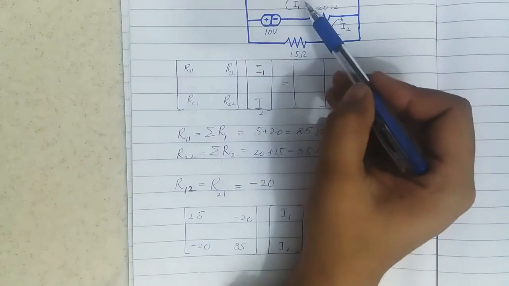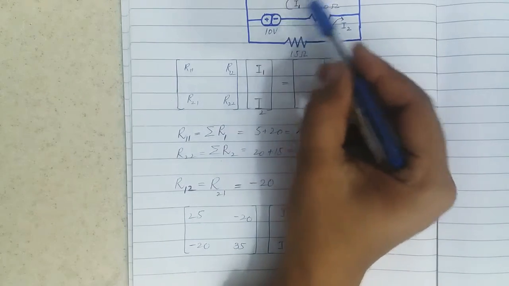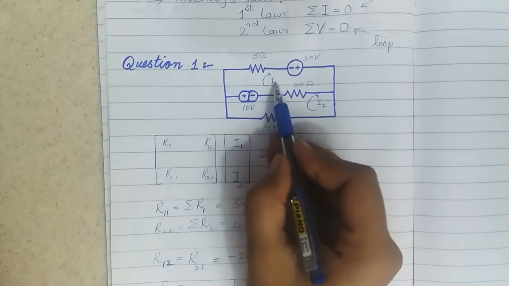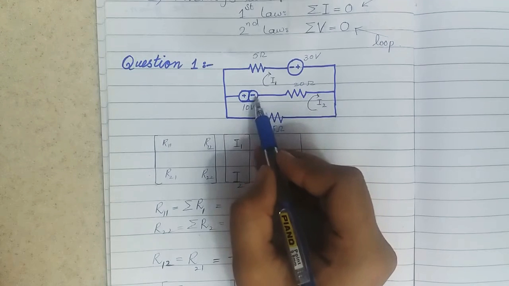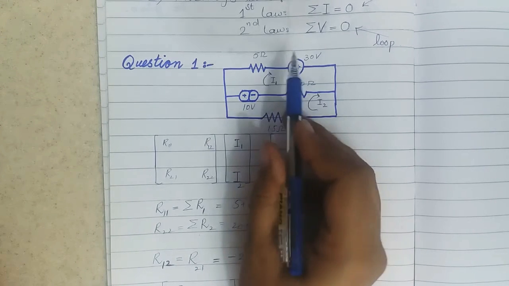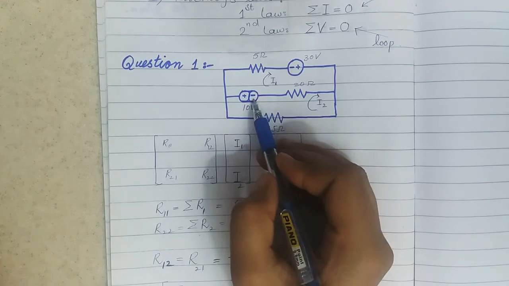In the first loop, it should be clear what the direction of current is. In the first loop, there are two batteries attached. So the total voltage of the first loop should be the sum of this and this.